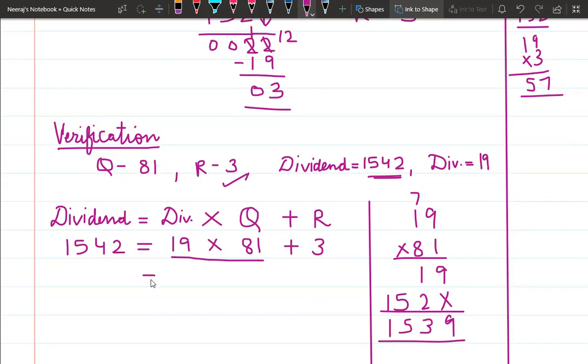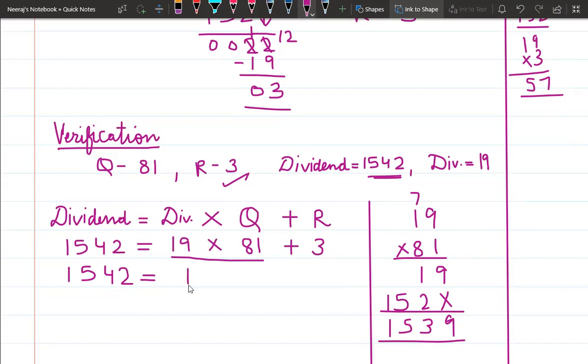So we will write the answer of the product, but before that you have to again write the dividend, that is 1542. Okay, what we are doing is making the right hand side equal to the left hand side. Left hand side is already 1542 and we have to make it equal.